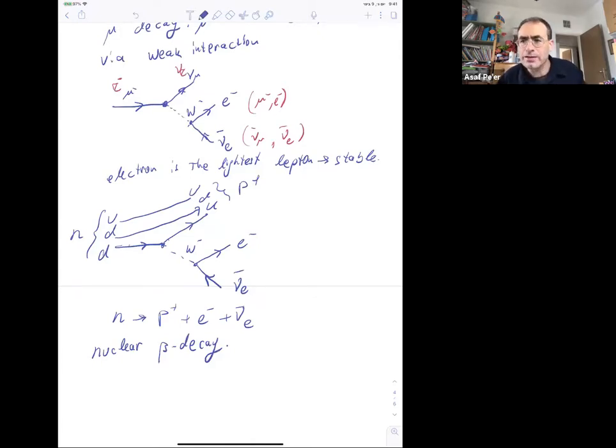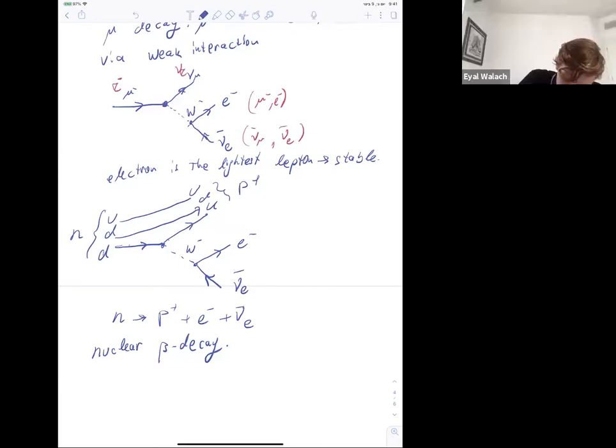I'll say a few words about that shortly. This is the nuclear beta decay.